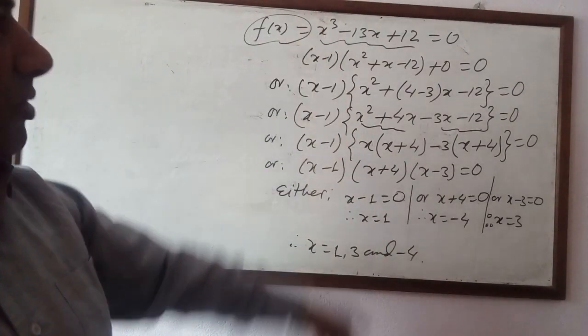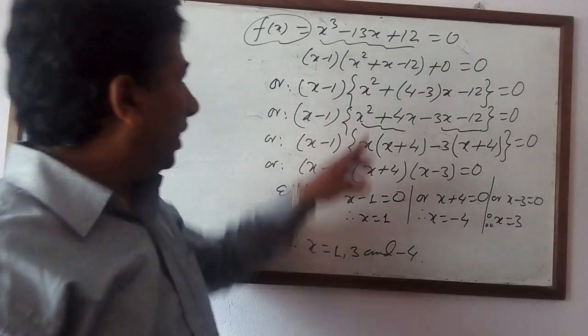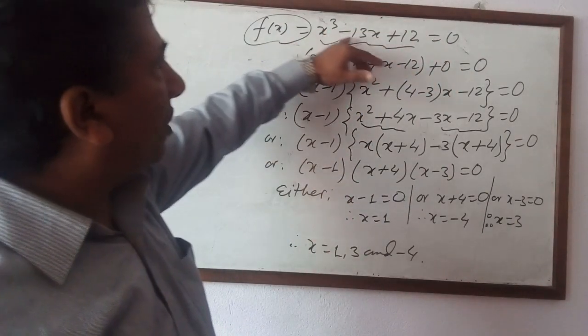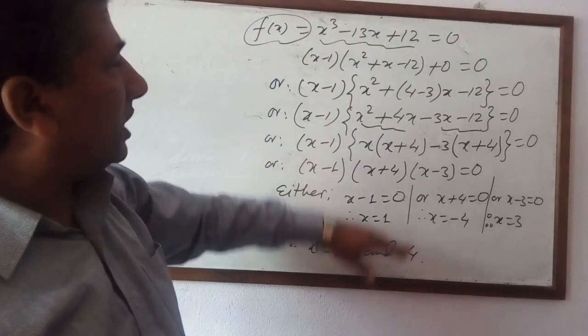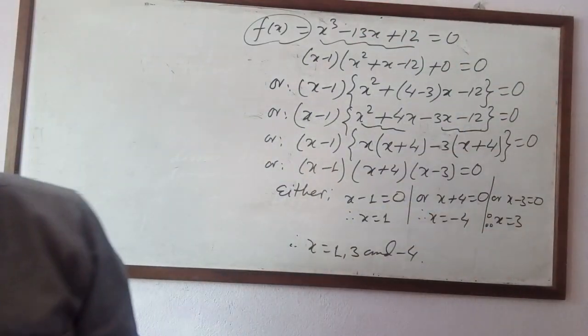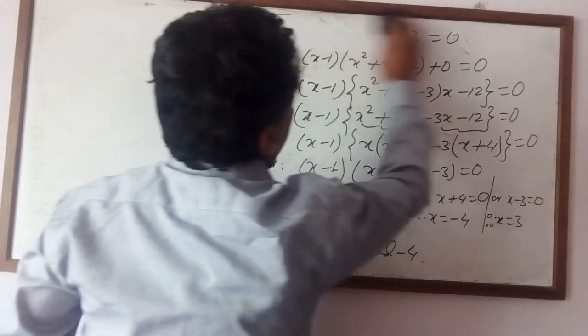In this way you have to solve the polynomial equation. When x = 1, image will be 0; when x = 3, image will be 0; when x = −4, image will be 0. That is also the meaning. Now one last question you have to solve.